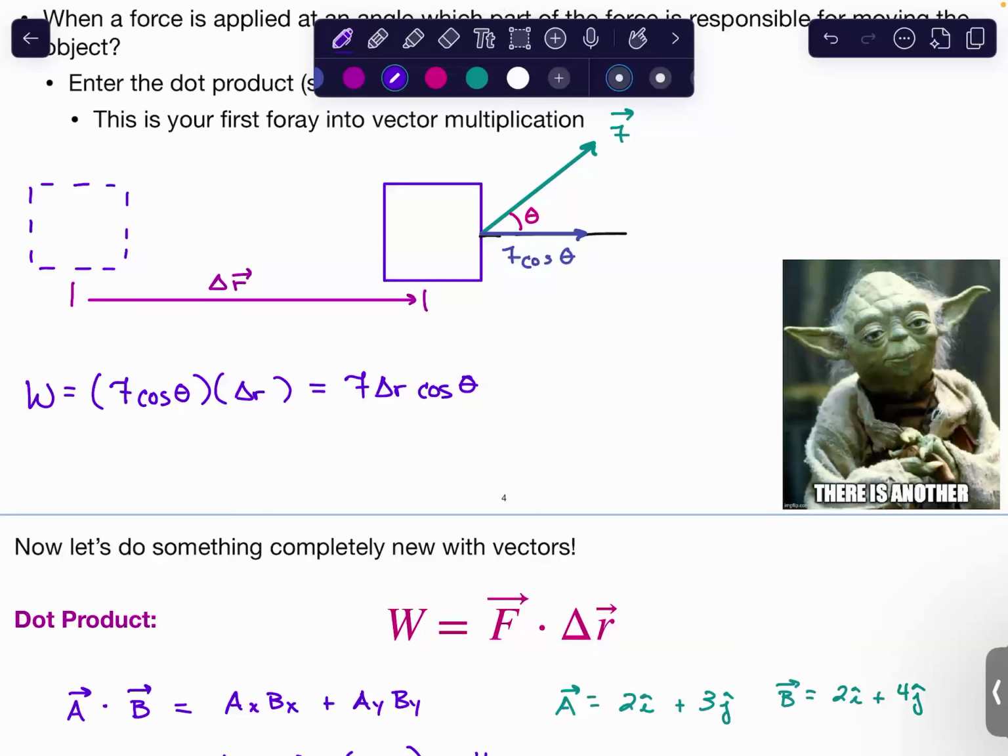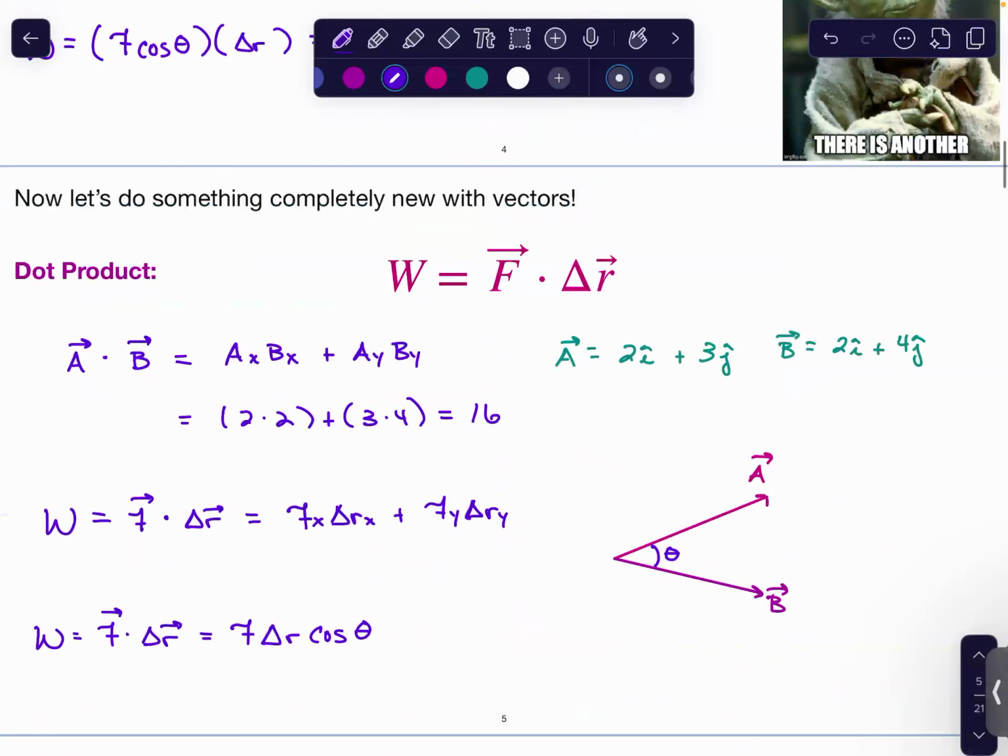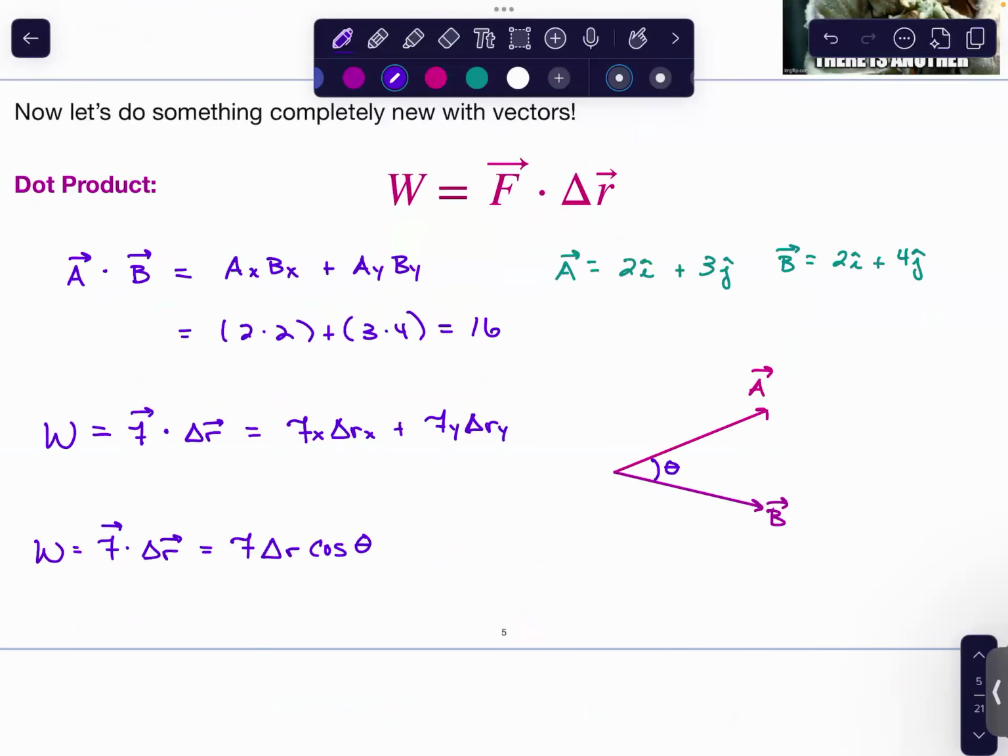So you could do F delta R cosine of that angle theta that F makes with the horizontal. Do you see how that F also makes that angle theta with delta R? So this is a basic insight. This is a basic beginning of how the dot product is done and what the energy of work actually is.